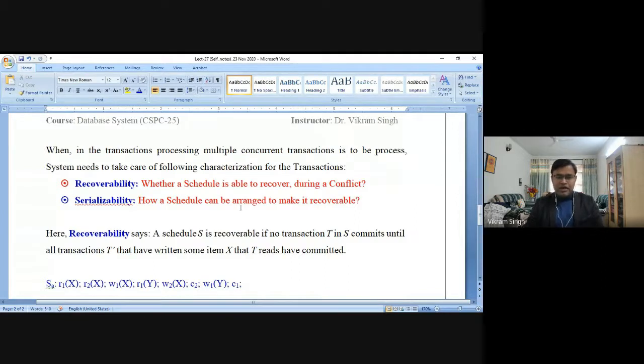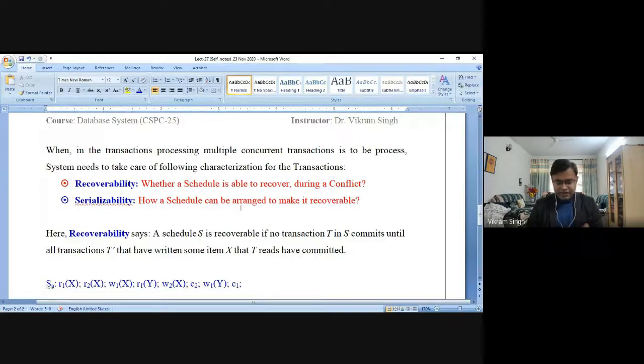So that's why we need to understand what are these two natures, what are these two characteristics. Whenever we have multiple transactions, whenever we have a schedule in the system, we need to characterize, or typecast, the type of schedule. Because based on that the system can initiate, or call a procedure, right?